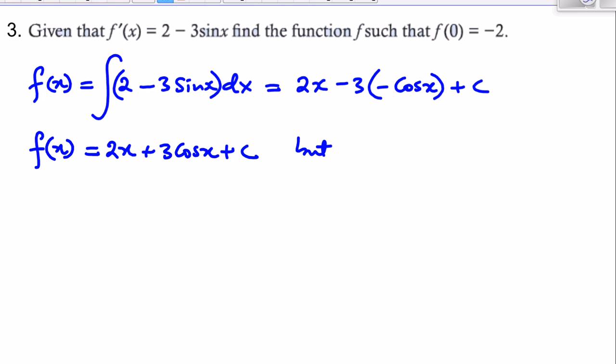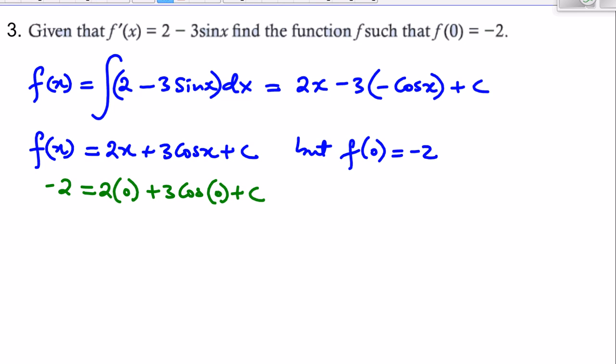But we know that f of 0 is equal to negative 2. So I can substitute this to have negative 2 is equal to 2 multiplied by 0 plus 3 cos 0 plus c.